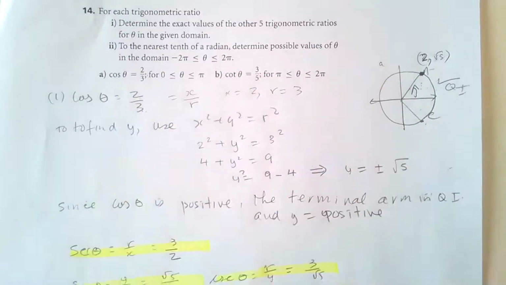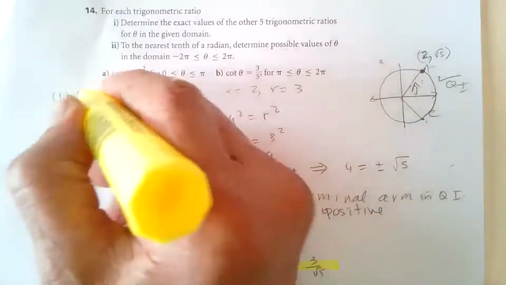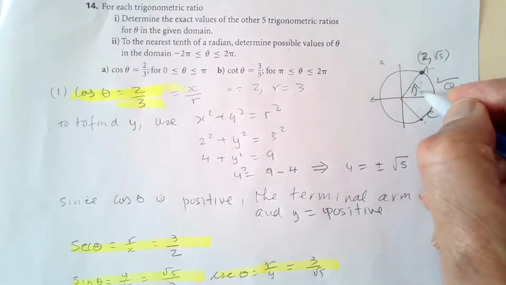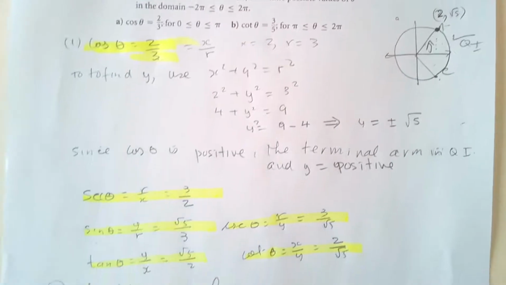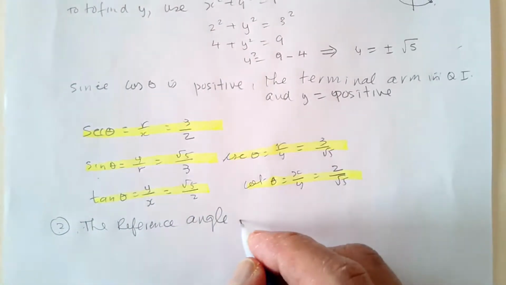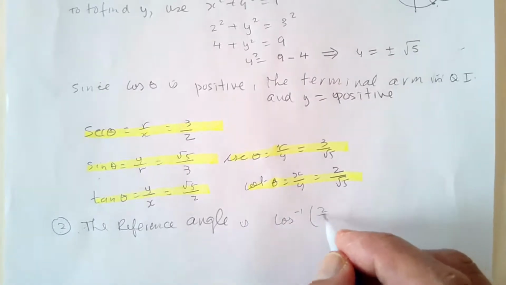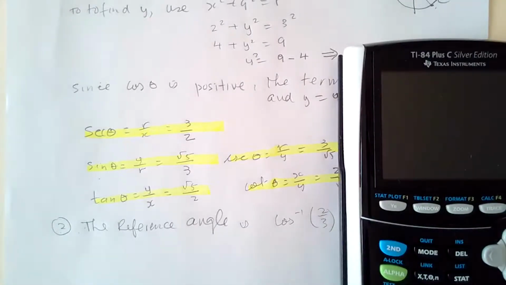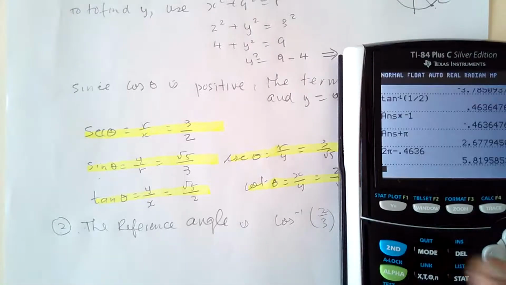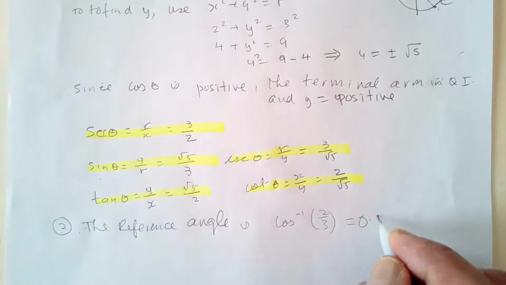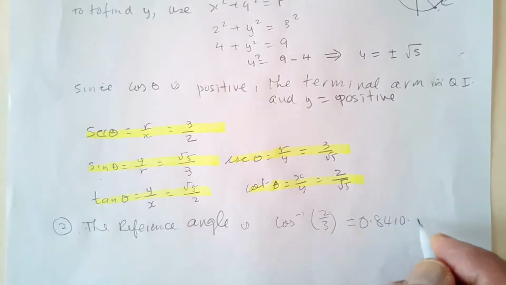Sorry about that. So I'm looking at the second part. Now we're given the cos, and you're asked to find the reference angle. So the reference angle is cos inverse of 2 over 3. Now we're going to take the inverse cos of 2 divided by 3, which is equal to 0.8410.